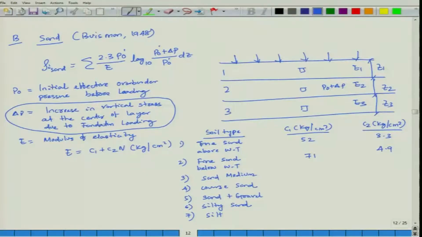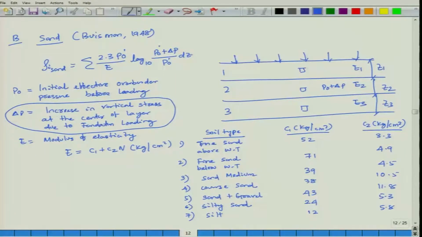For medium sand it is 39, here it is 4.5, coarse sand it is 38, here it is 10.5, and sand plus gravel it is 43, here it is 11.8, then silty sand it is 24 and it is your 5.3, silt 12 and 5.8.